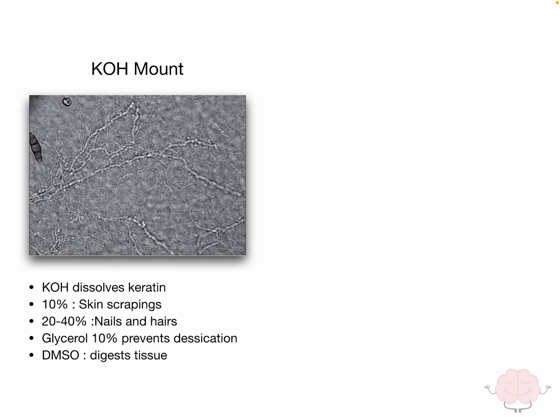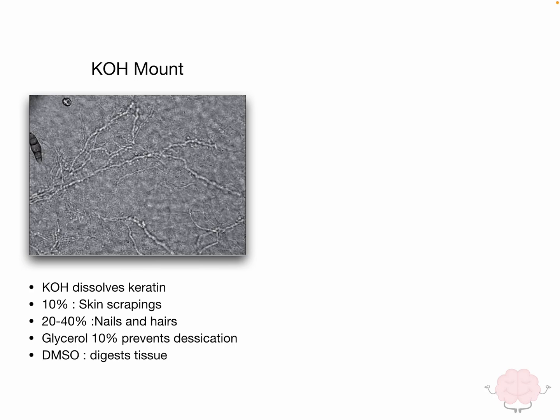Now let's discuss some of these microscopic examinations in a little detail. So KOH mount, as you can see, this black and white picture with these hyphal structures. In KOH mount we use KOH of various concentrations. KOH being a strong alkali dissolves the keratin which is present in skin, hair, or nail samples. Since skin contains less keratin, we use 10% KOH for skin scrapings.